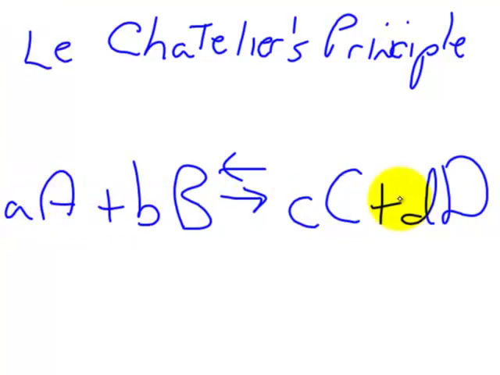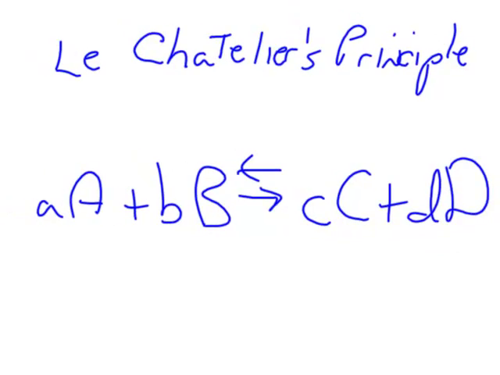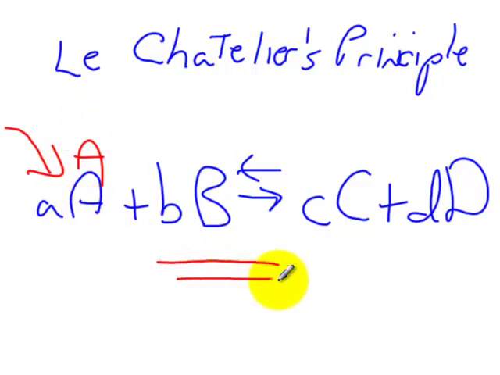Here is our generic equation, A plus B is in equilibrium with C plus D. Let's say we added some more A. More A gets added into the beaker. Now the reaction is going to shift to the right to undo this extra A. It's going to use up all that extra A so that I can get back to equilibrium.